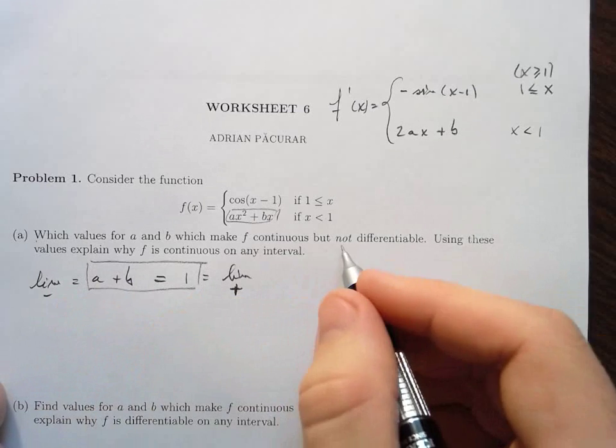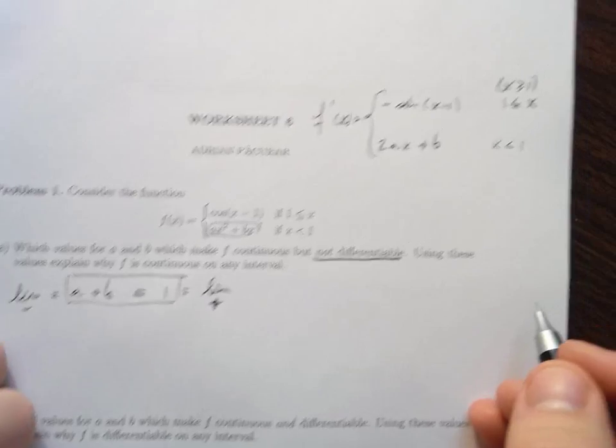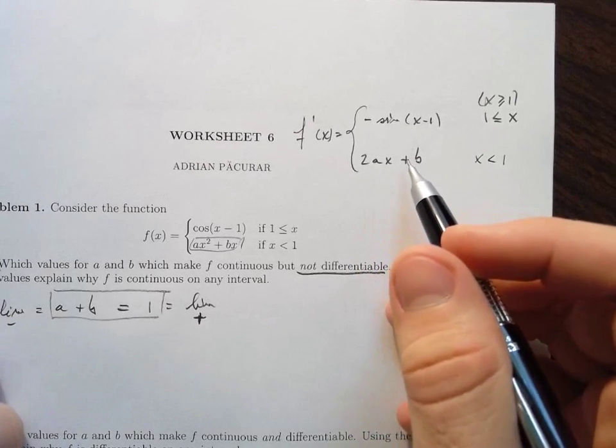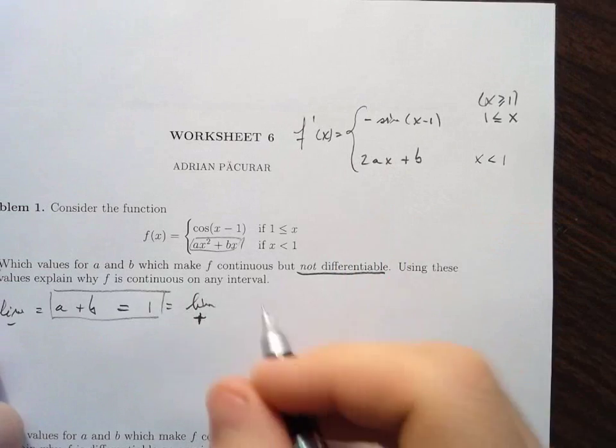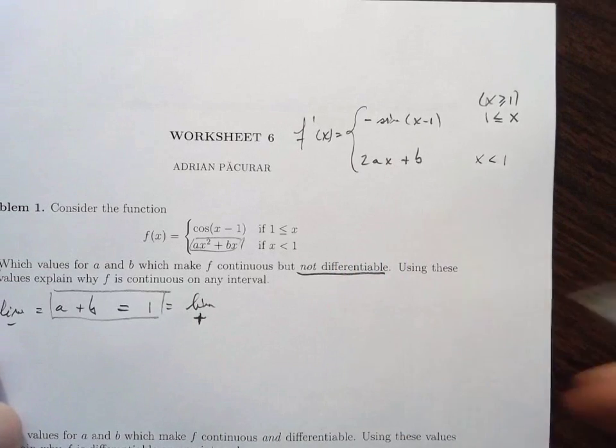Now, since I want this to be not differentiable, I also have to look at the derivative and do the same thing. I want the derivative from the left, using this branch, to be different from the derivative from the right.